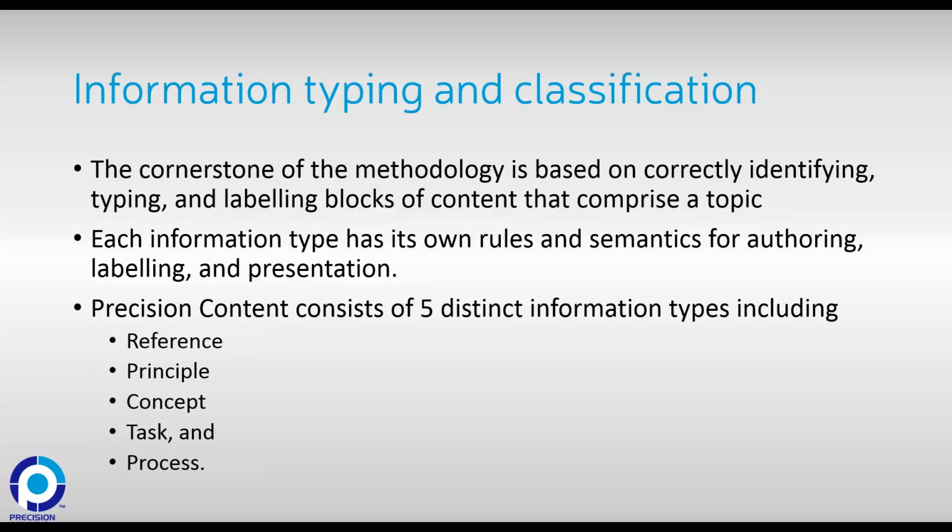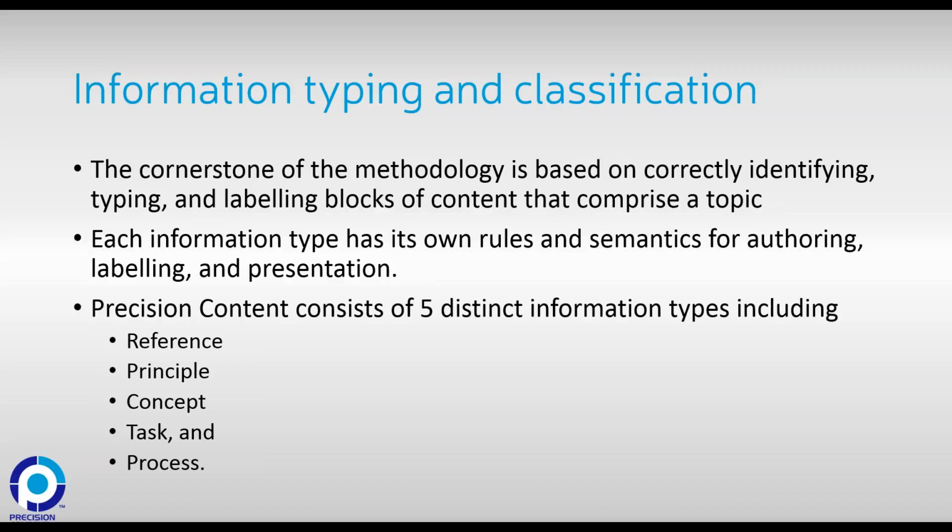When we look at this, we're looking at a couple of cornerstones for understanding and analyzing that information before we even start writing it. That's to identify the types and structure of the content that we're going to write. We're going to create topics, and of course we're going to take topics and put them into maps to produce publications. But we're looking at a much lower level of analysis on the type of content and how all of these pieces come together.